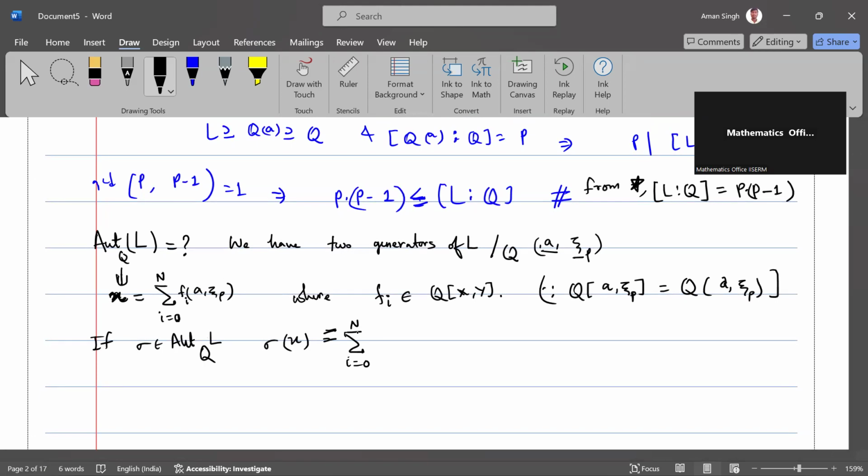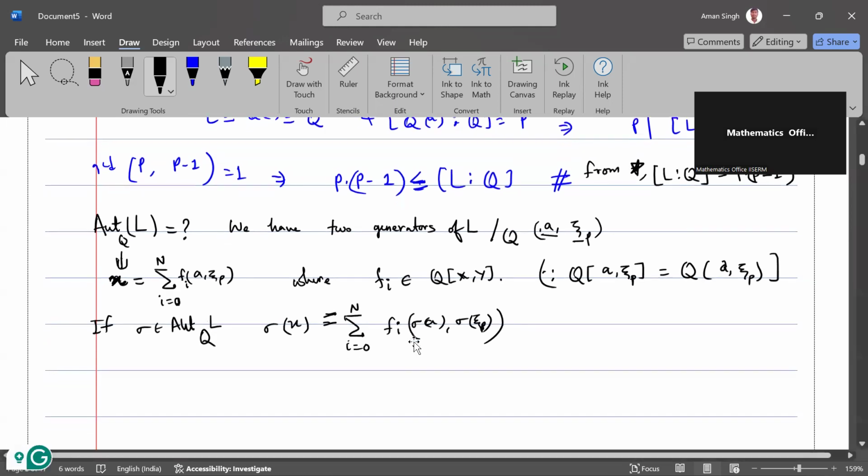Because it is a field automorphism, a field homomorphism in fact, it is also a ring homomorphism. It will become f_i(sigma(a), sigma(zeta_p)). So better you just know where a and zeta_p are going.